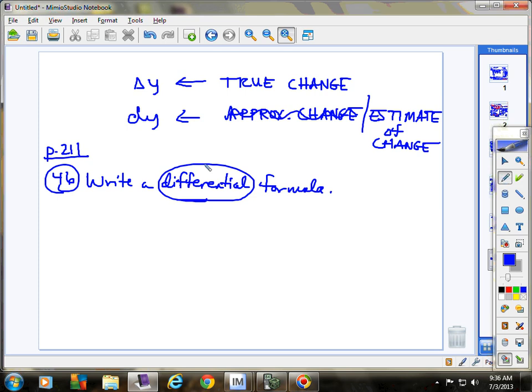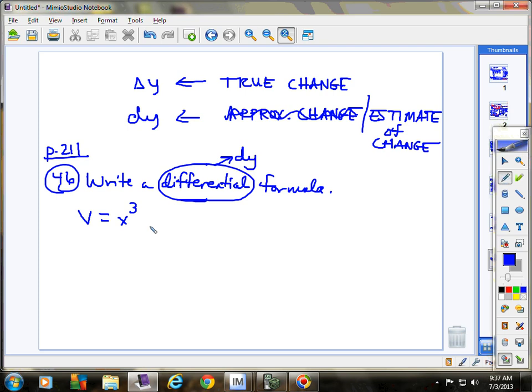When they say differential formula, they're talking about dy. Write a dy, or d whatever your letter is, formula that estimates the given change in volume or surface area. 46 is the change in the volume V equals x cubed of a cube when the edge lengths change from x0 to x0 plus dx.